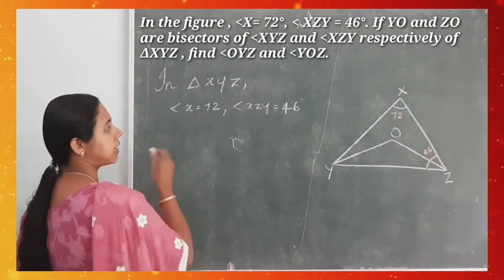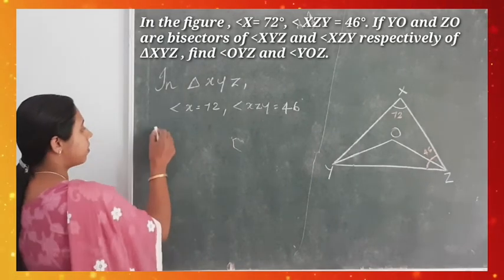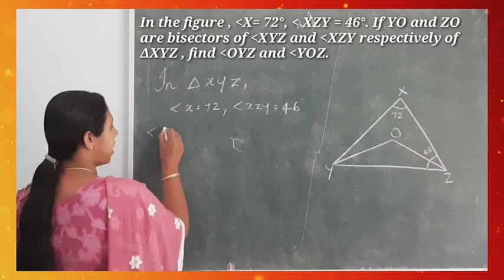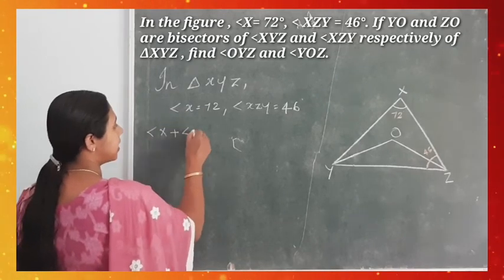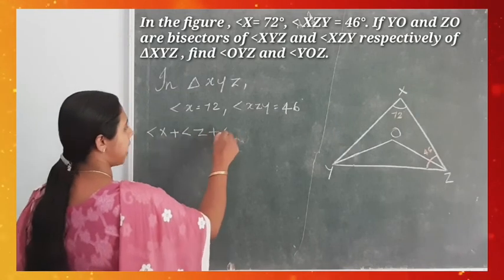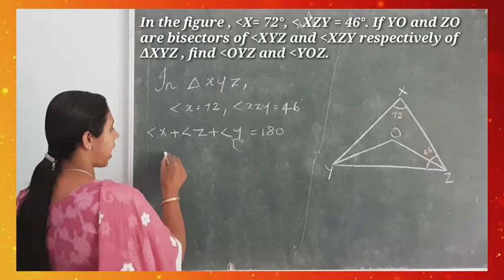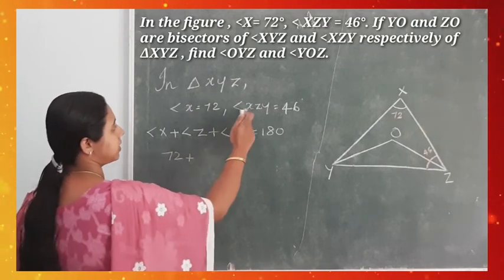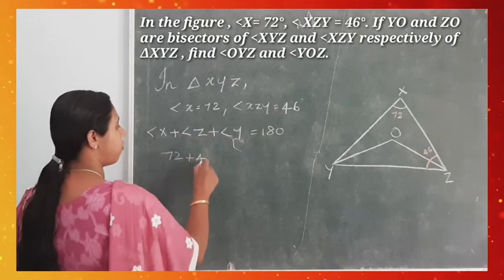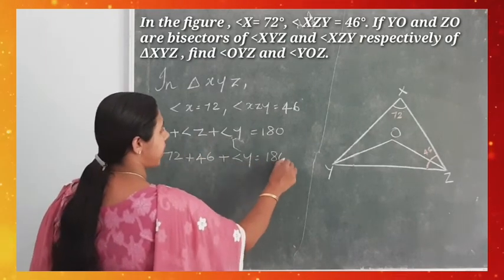So your third angle is angle XYZ. So angle X plus angle Z plus angle Y is equal to 180 degrees. So angle X is equal to 72 plus angle Z, that is angle XZY, equal to 46, plus angle Y is equal to 180 degrees.